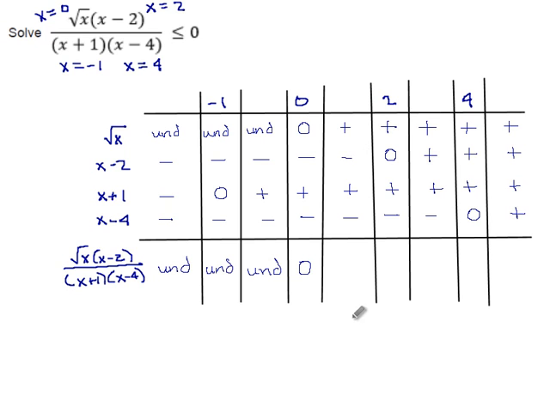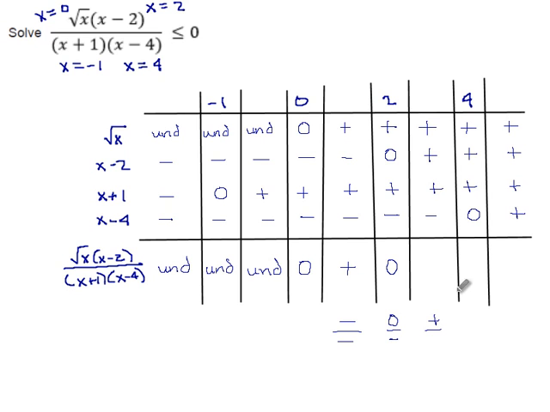Next up, positive times negative means we have a negative numerator. Positive times negative means we have a negative denominator. Negative over negative is positive. Next one, positive times 0 is 0 over positive times negative is negative. 0 divided by a negative value is 0. Positive times positive gives us a positive numerator. You may not need to write this part out.